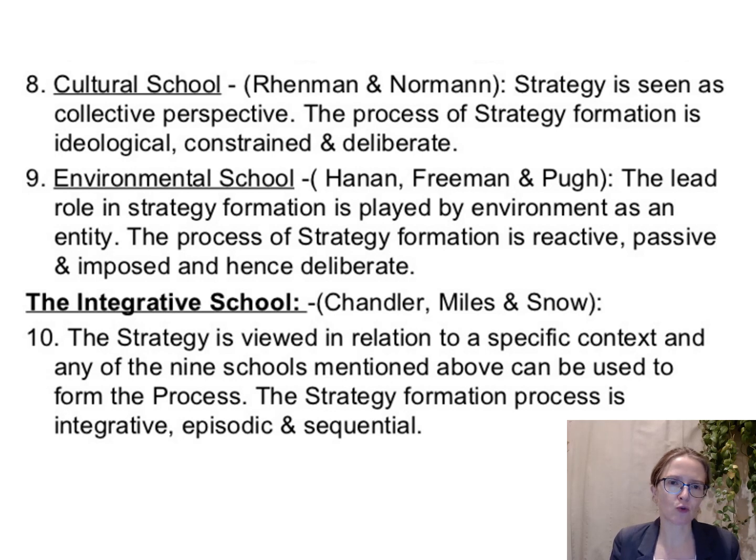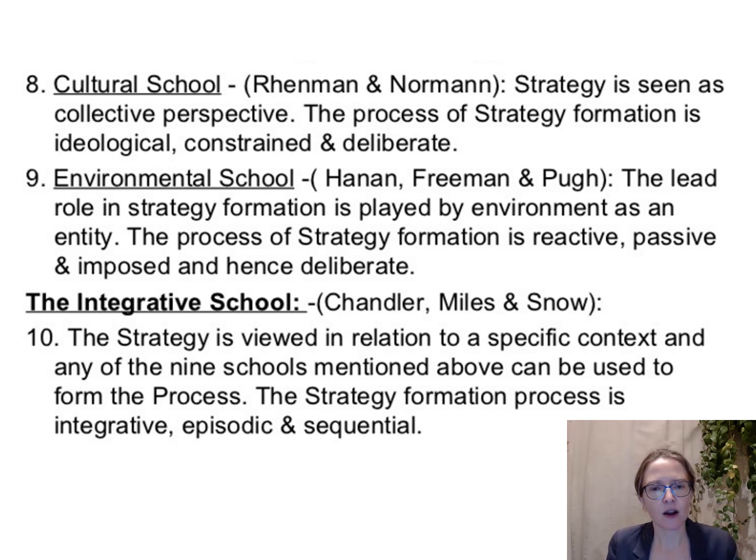The cultural school was proposed by Rhenman and Normann. And then the final one in the descriptive schools, the environmental school, which is Hannan, Freeman and Pugh's descriptor, is all about strategy formation being played by the environment as an entity. So the lead role in strategy formation is played by the environment. The process of strategy formation here is reactive, passive and imposed, and hence deliberate.